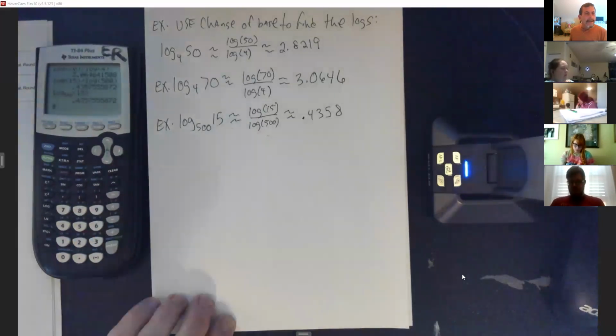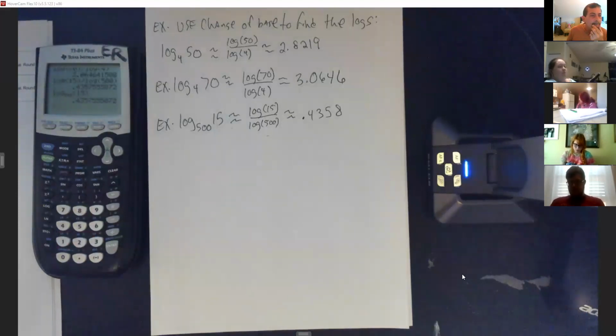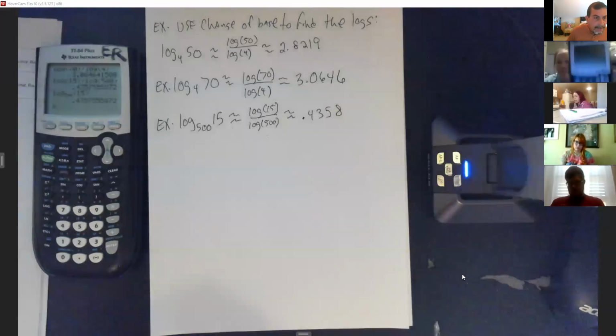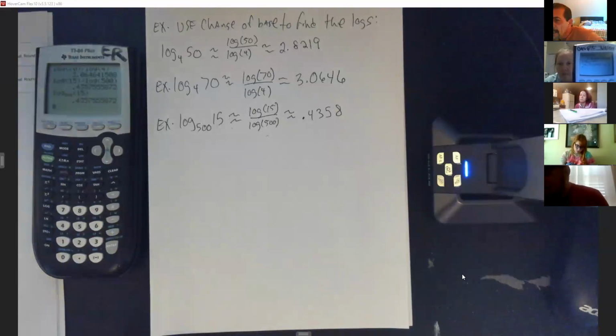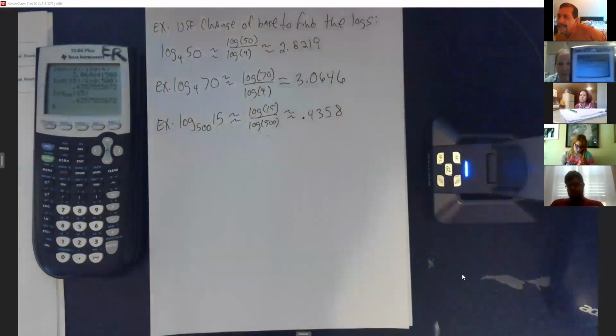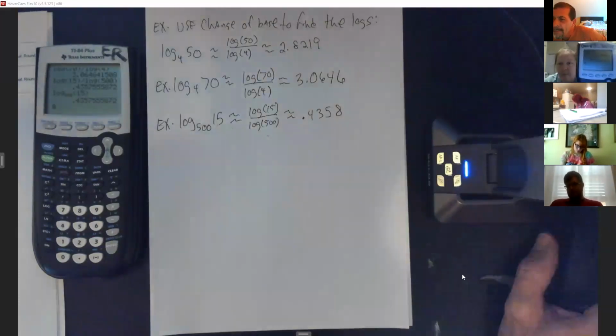I got 4.3575. I wonder what did you put in it? Did you do log 15 divided by log 500 or 50? I put log 50. I would put log 500 and the 15 in parentheses, like we've been doing. So like mine looks. I'm trying to figure out why yours is doing a 4 point something. Can you see that? Well, I can't see that screen real good.